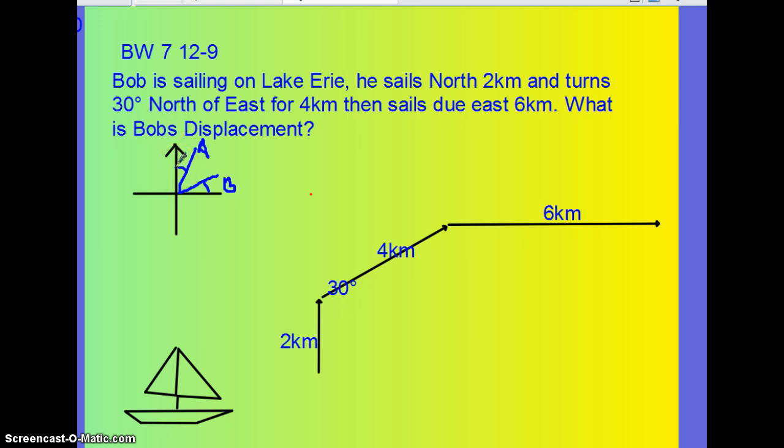Would this represent 30 degrees forward of right, or would this represent 30 degrees forward of right? The answer is this one, B. It's 30 degrees north of east.